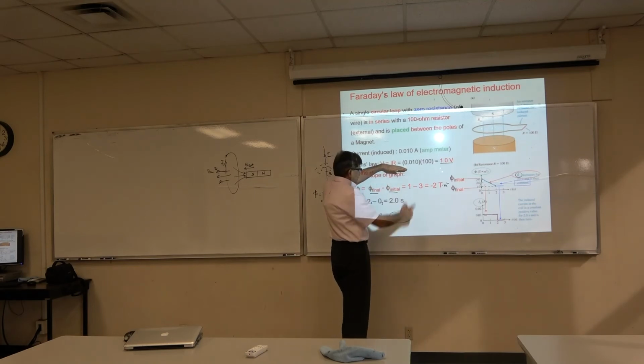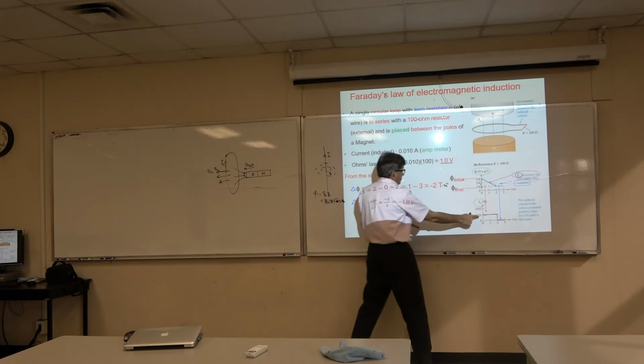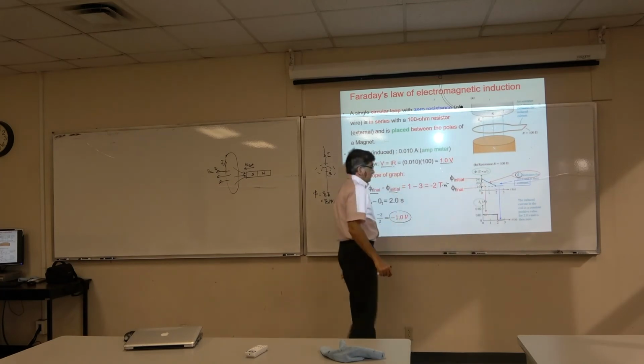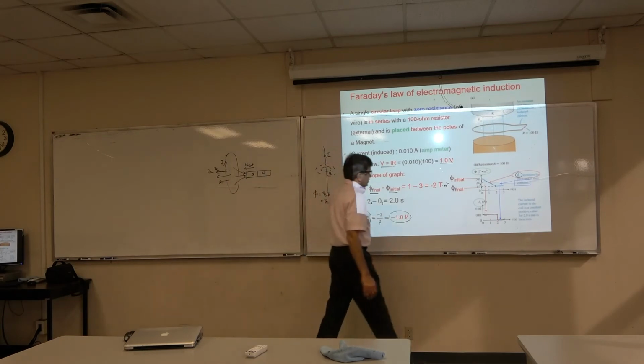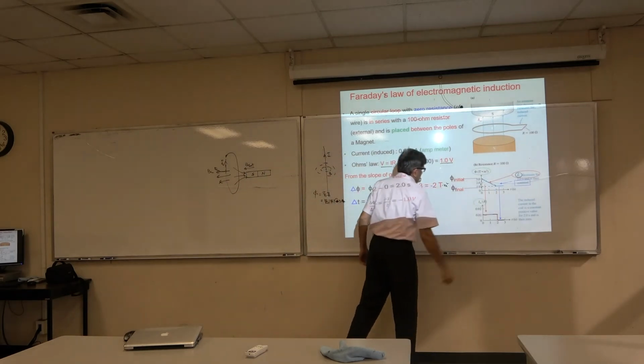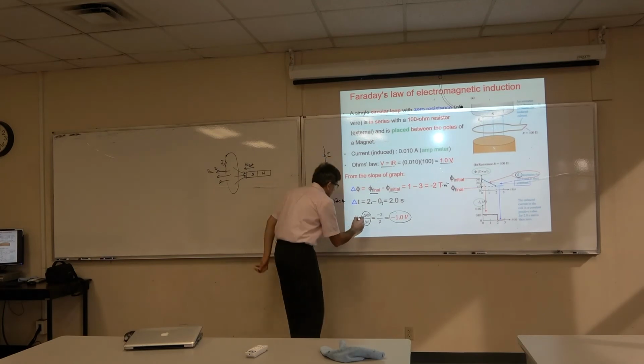From Ohm's law, I got 1 volt, and from the plot between flux versus time, I got the change in flux with respect to time equal to 1 volt, and this is nothing but the EMF.